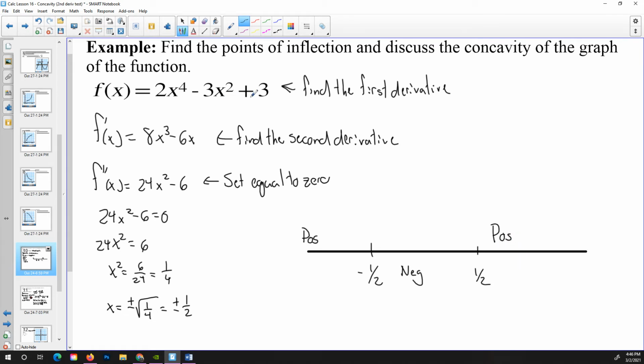So here I know that my concavity is going to be concave up on this first interval, which starts at negative infinity and goes to negative 1/2, and then it will also be concave up from 1/2 to positive infinity, and then it will be concave down from negative 1/2 to positive 1/2.